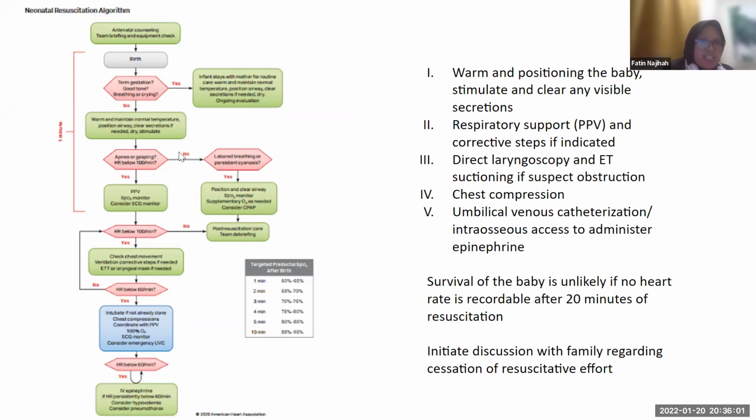But if the patient is apneic and the heart rate is below 100 beats per minute, we give respiratory support through positive pressure ventilation and the corrective steps.